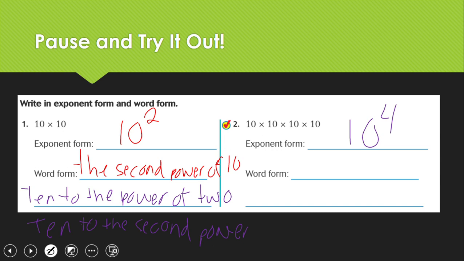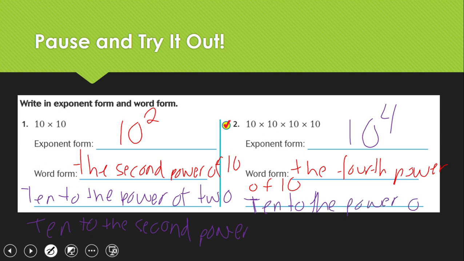Again, the book states the 4th power of 10. It's a little bit different. I haven't really used that yet. The 4th power of 10. Whereas I would use, again, I would switch them back and forth. 10 to the power of 4.